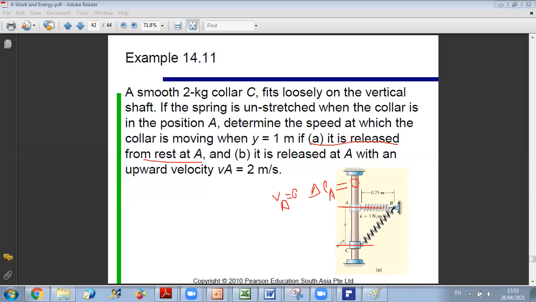Now, what are the forces acting on my collar at any position? I have the weight of my collar, W. I have the spring force, F spring. What are the other forces? Do we have other forces acting on the collar?